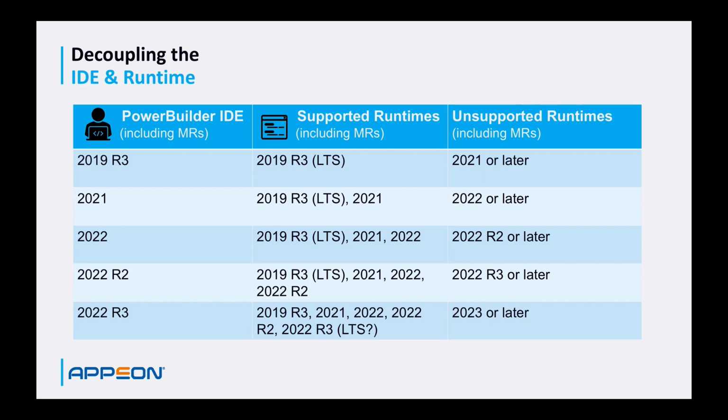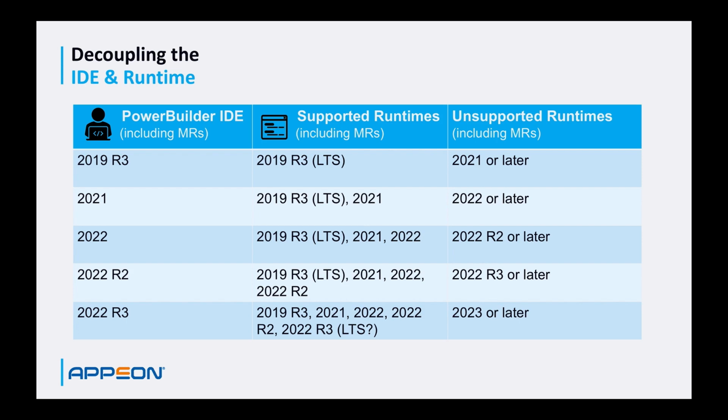So starting with R3, this is a major difference, and normally we don't do major changes, but we felt it was really important to do this and not wait for the next major version, but bring this to you right away in revision 3. So by decoupling the IDE and runtime, now PowerBuilder 2019 R3 and going forward would be able to target multiple runtimes.